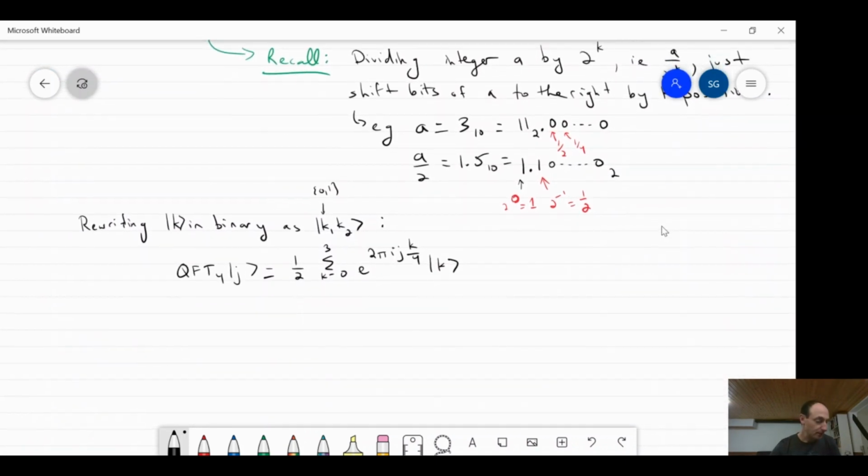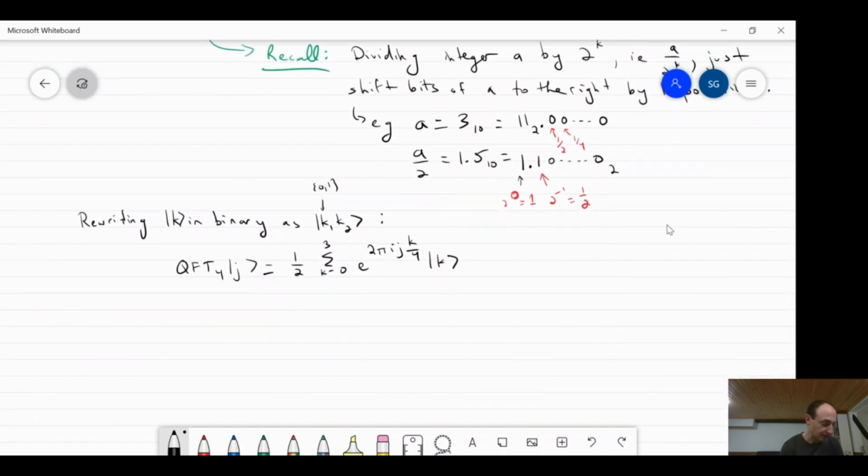Now let me do exactly what I said. The bit representation of k is k1, k2, and then a decimal point with zeros. Let me be a little more precise. I'm writing zeros just to be clear that there's a decimal point here, to the right of which there are zeros.